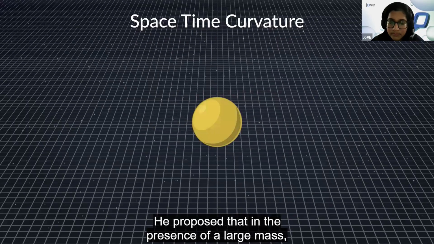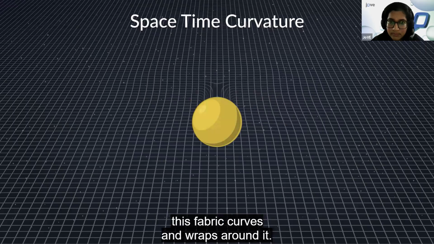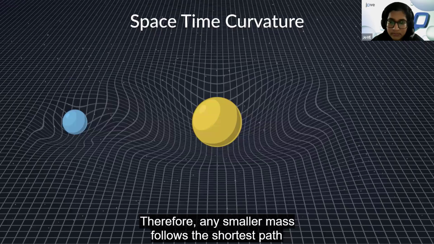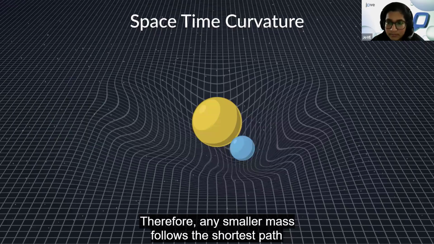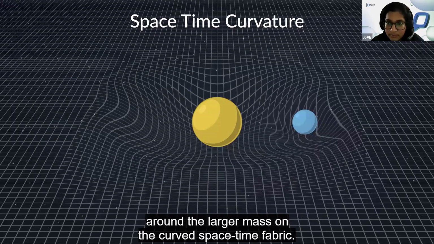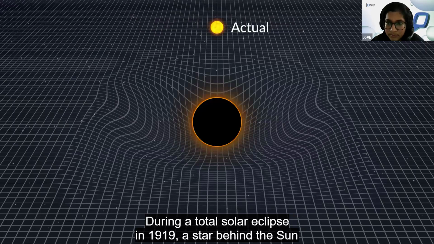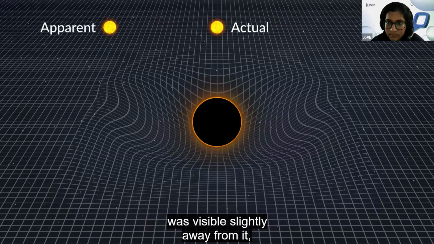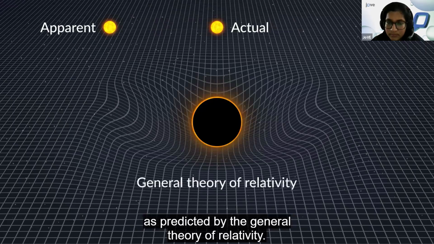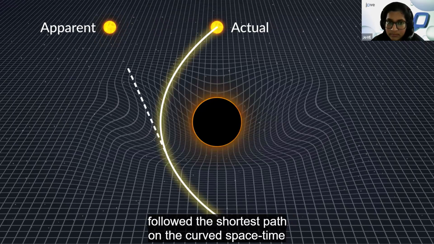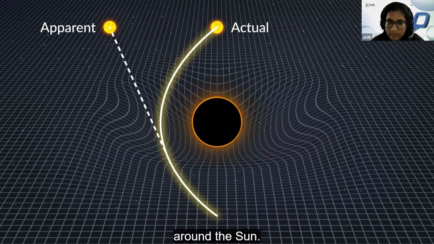He proposed that in the presence of a large mass, this fabric curves and wraps around it. Therefore, any smaller mass follows the shortest path around the larger mass on the curved space-time fabric. During a total solar eclipse in 1919, a star behind the Sun was visible slightly away from it, as predicted by the general theory of relativity. This observation proved that the light from the star followed the shortest path on the curved space-time around the Sun.